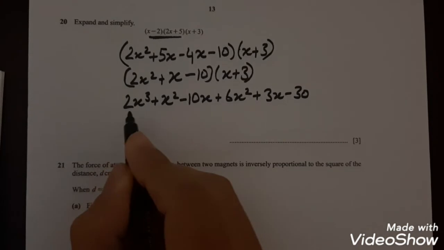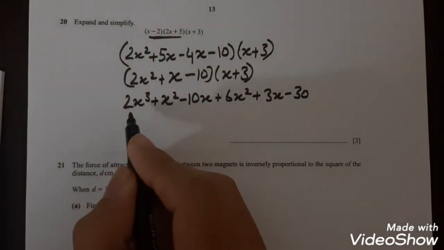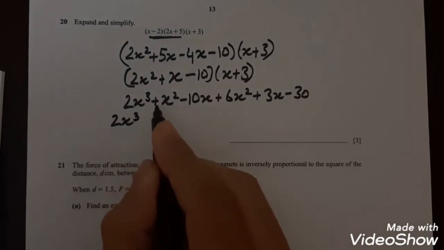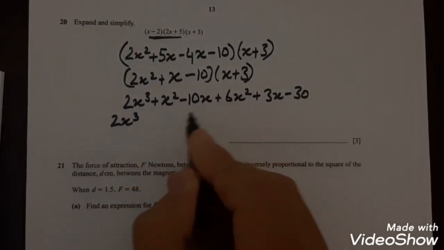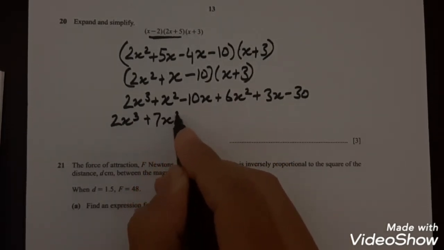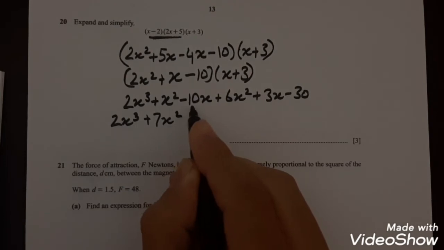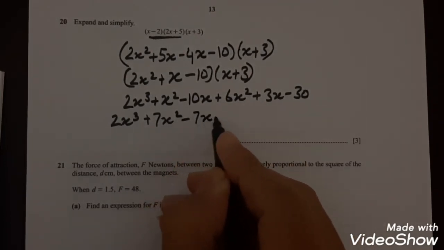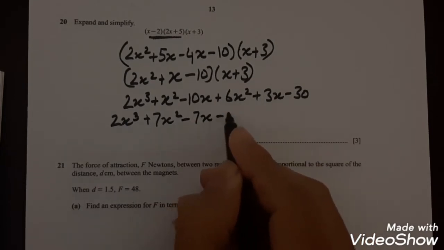Then we will write 2x cubed, and then x squared plus 6x squared will be 7x squared, and then minus 10x plus 3x will be minus 7x, and then we will write minus 30.